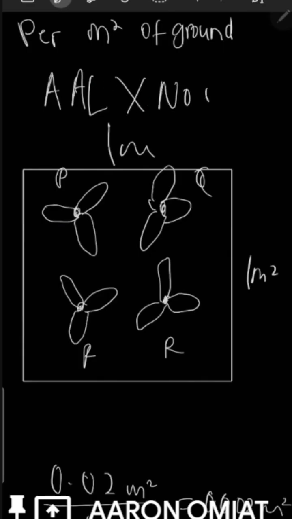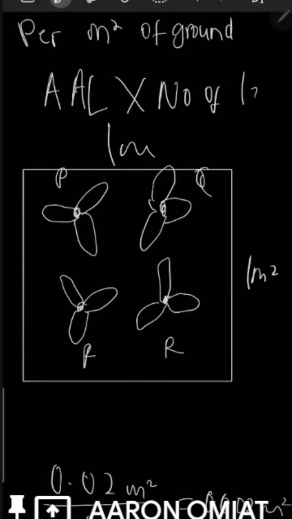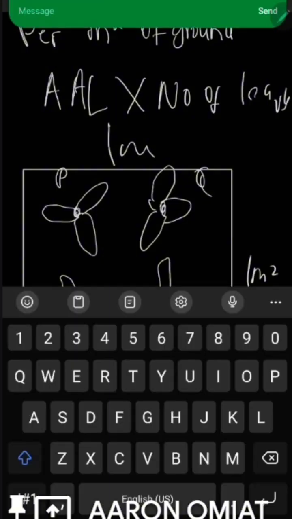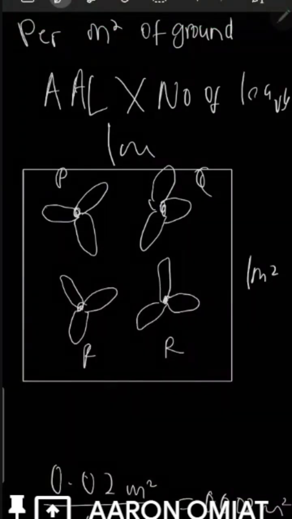So we find the middle part of every leaf. Yes? Okay, how should I say this? We find like an average of the leaves in the garden, and then after I find the average of the leaves, we count the number of the leaves.